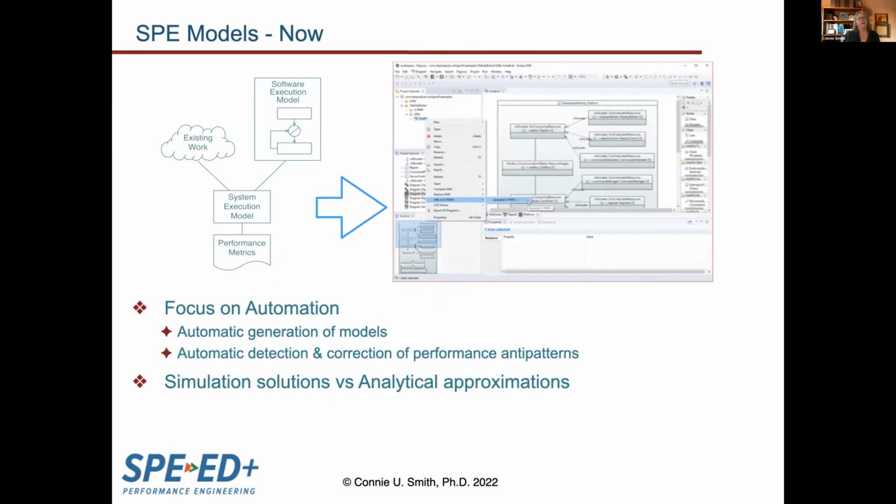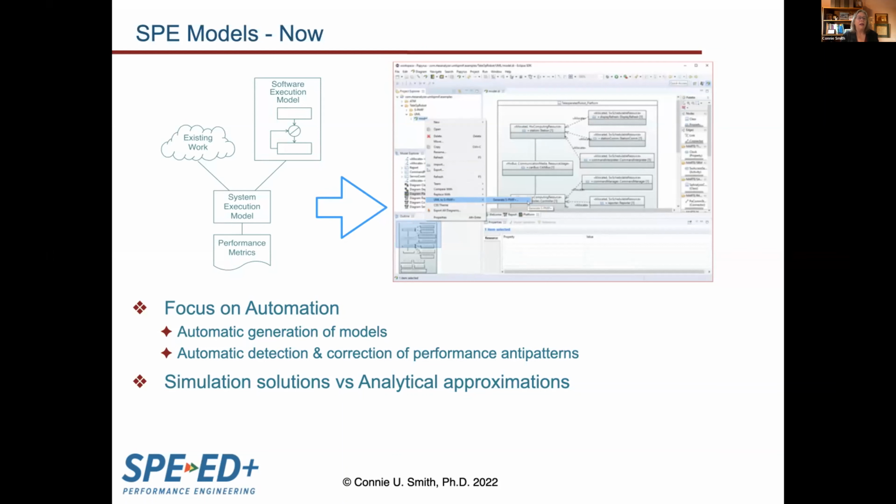In the early days, the performance models that we used were fairly complex and fairly manual. While we had tools that would solve them, it pretty much took experts to run those tools and to interpret the results. And so we've spent some time over the last 20 years trying to automate these and make them more accessible to more developers.